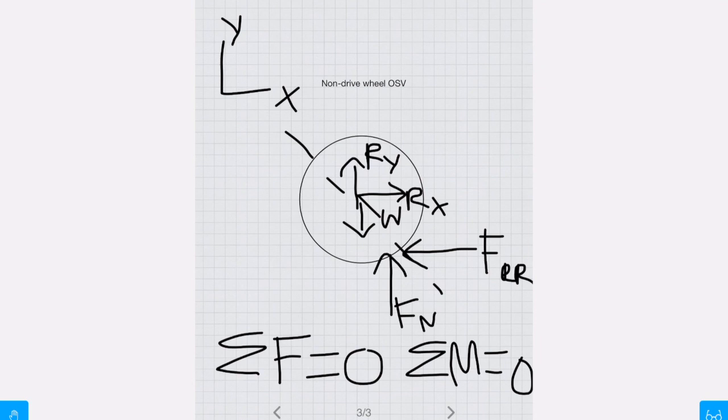Both of these are the x and y components of the force of the sand. And it's important that this force goes through this diagonal line so that the moments are equal to 0, because by pointing in this direction it will have no moment, and therefore equilibrium will be maintained.